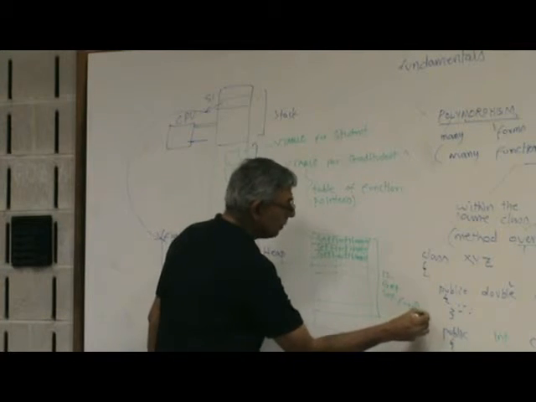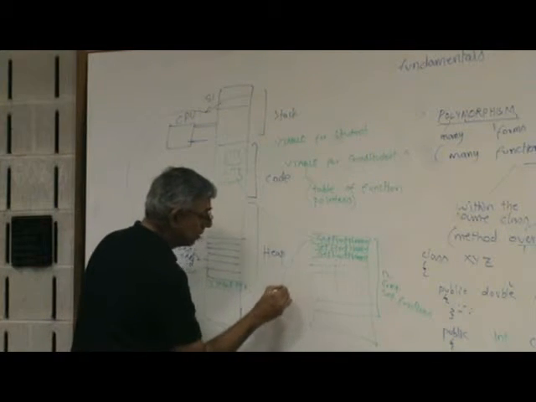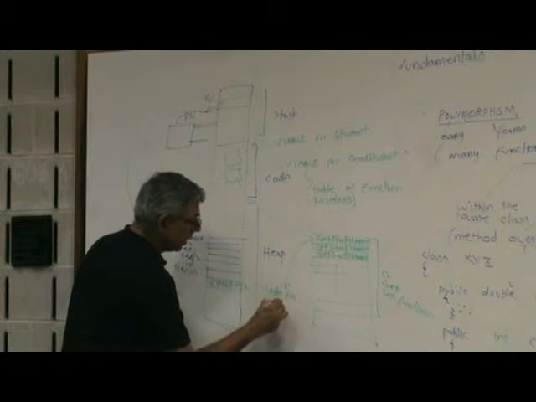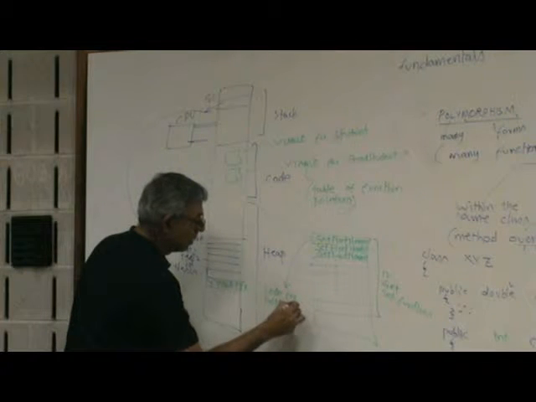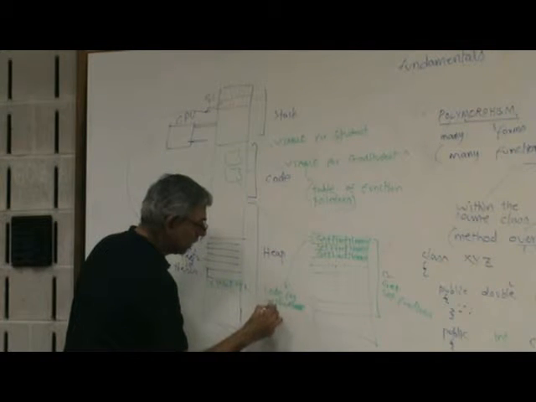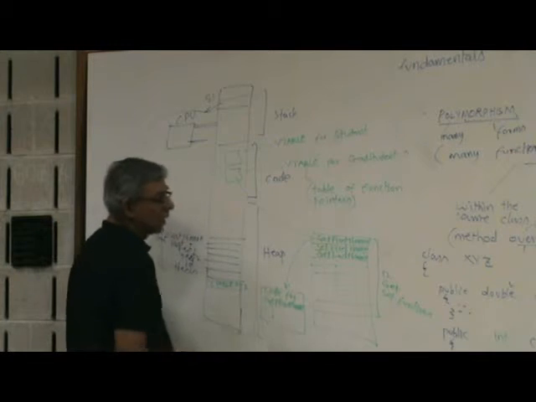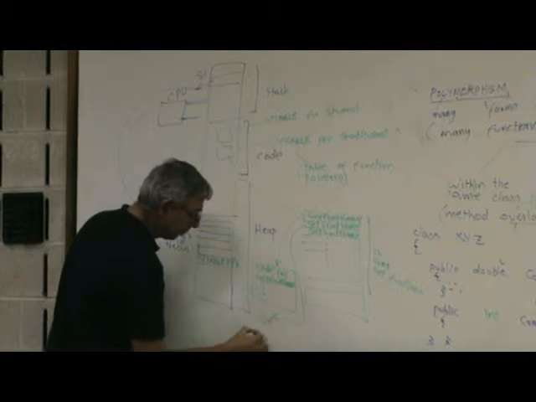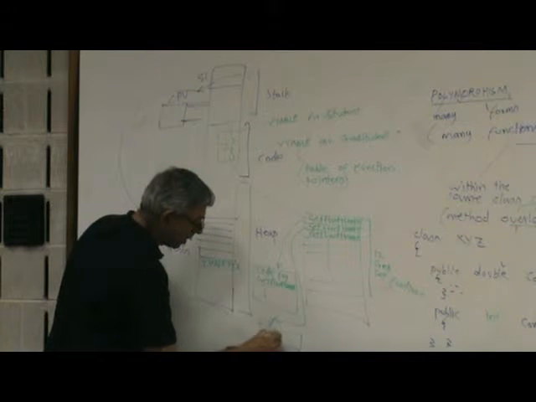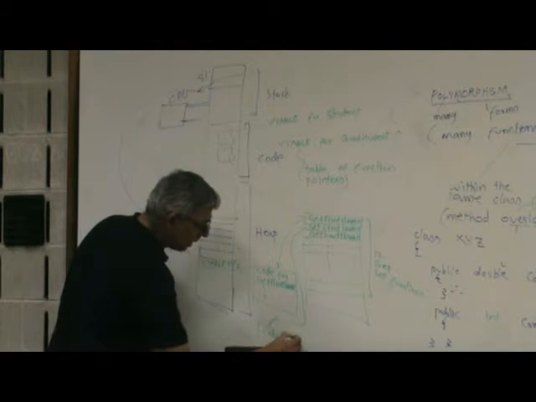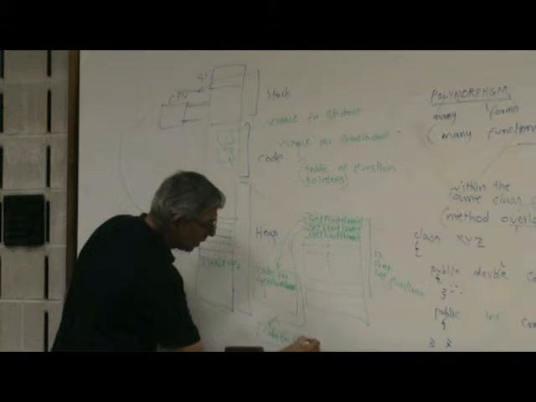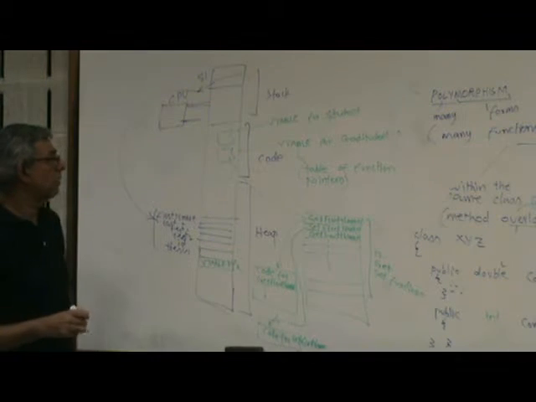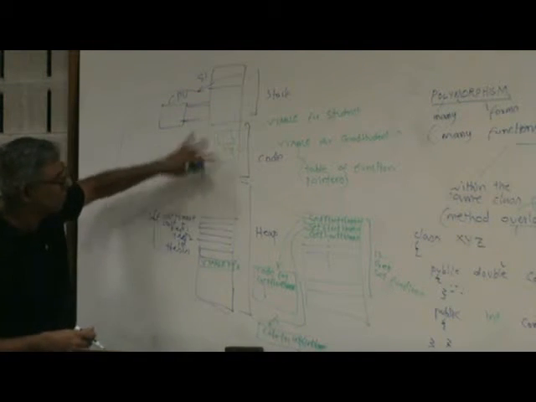Each one of these will further be pointing to the actual code for get first name, so whatever that code is. The second one will be pointing to the code for set first name, and so on. So this table simply points to the actual code for the function, and all of this is in the code area.